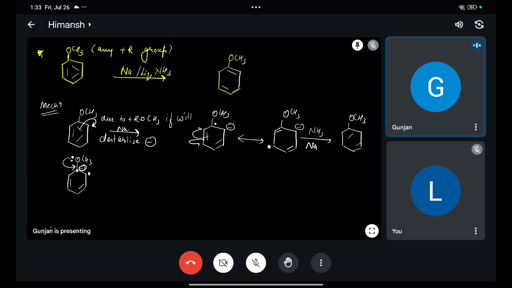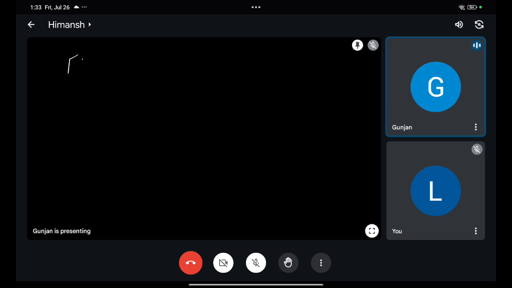And if let's say we are having an electron withdrawing group minus R, now the bond will be migrated to this side only. Since it migrates to this side, this will get a hydrogen, and wherever hydrogen moves, this will be the structure.